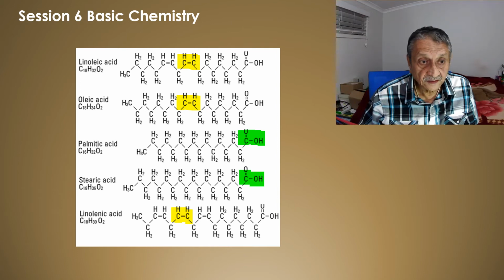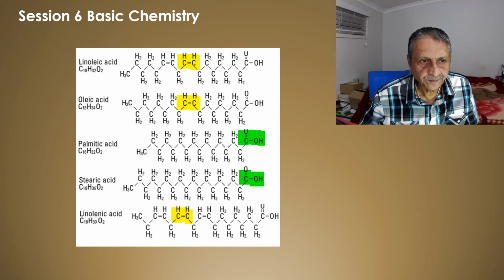Where you see the yellow markings, if we look a bit closely, you find the carbon links are double bonds. So linoleic acid has two sets of double bonds, oleic acid has one set of double bonds, and linolenic acid has three sets of double bonds.